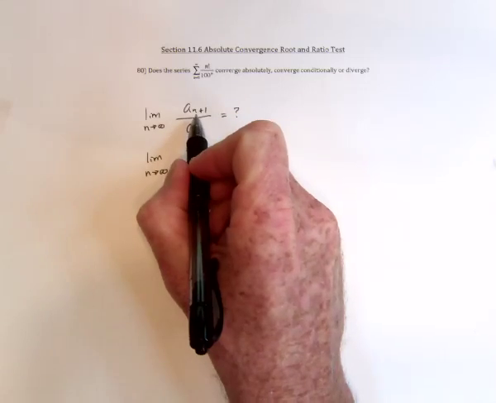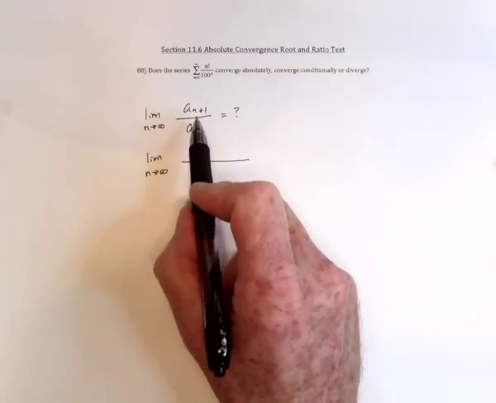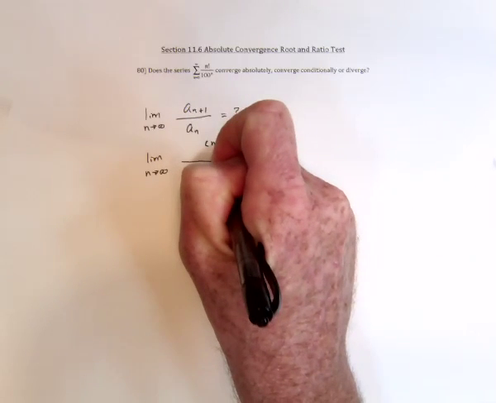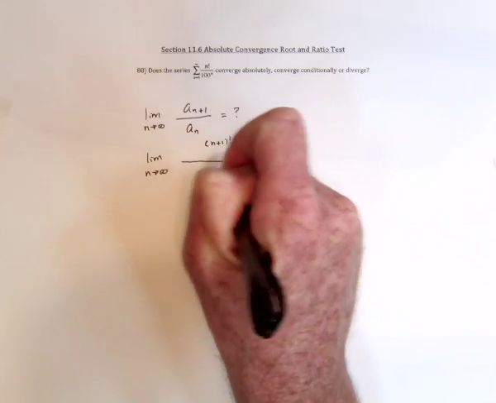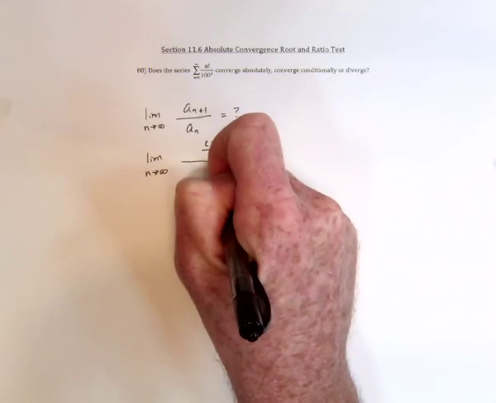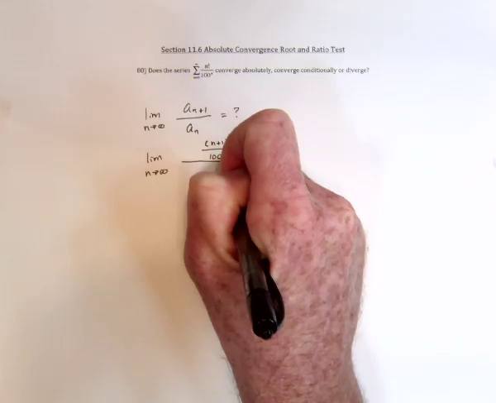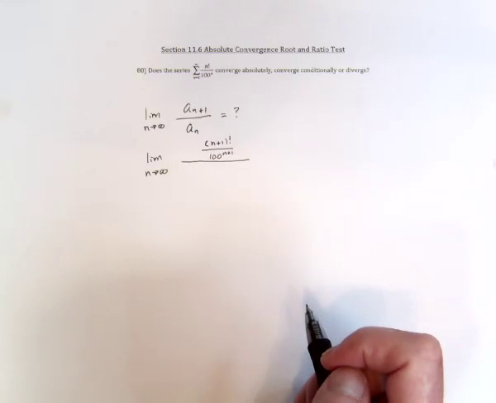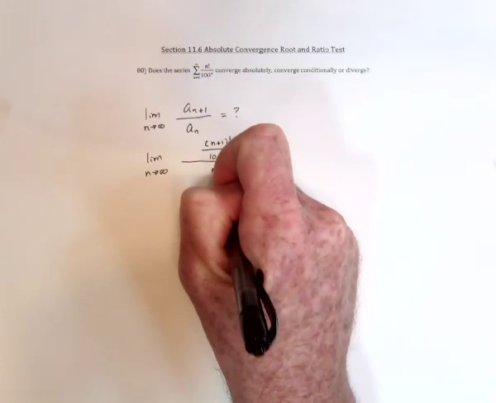First of all you put a big fraction. You put n plus 1 in for n, so that's going to be n plus 1 factorial in the numerator, and then 100 to the n plus 1. There's the numerator, a sub n plus 1. Now the function with just n.